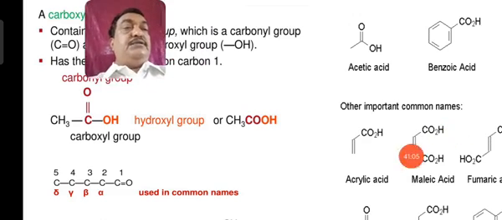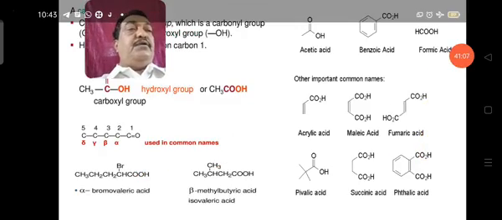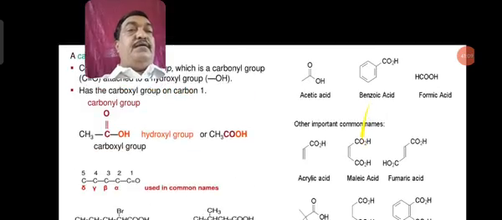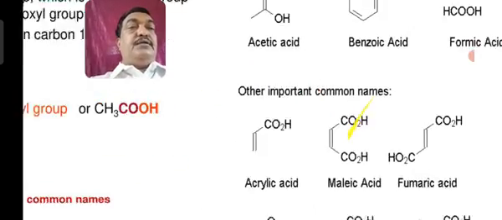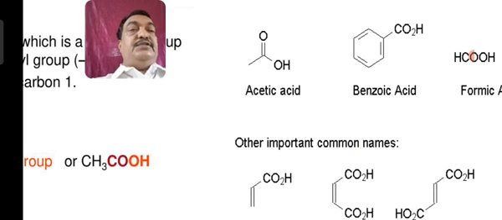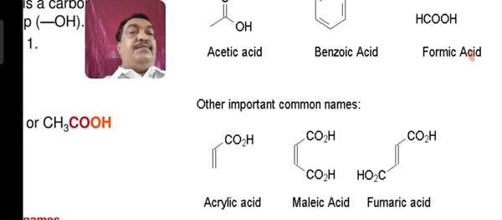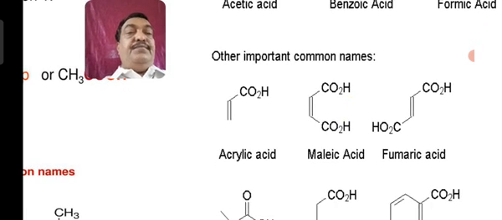Now let us see some specific examples I wanted to quote here. Acetic acid, CH3COOH, benzoic acid, formic acid, right? Then the other examples: acrylic acid, maleic acid, fumaric acid.